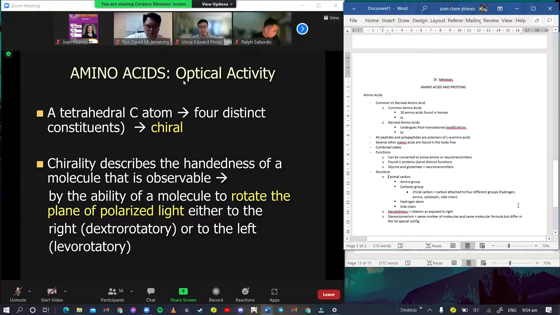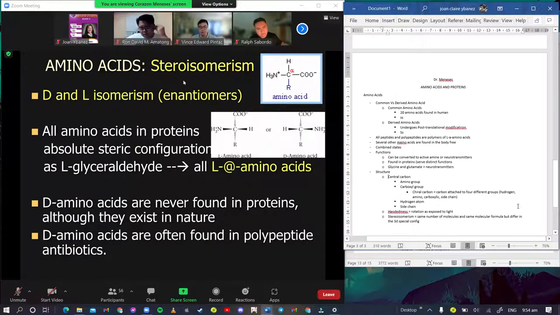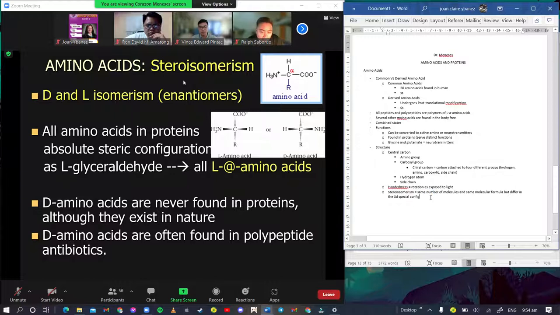Then the D and L isomers: all amino acids in protein have an absolute steric configuration, which is the L-alpha amino acid. So all amino acids in mammalian protein exist as L-alpha amino acids. However, there are D amino acids that are actually found in nature, and this is exemplified by the amino acids that may be found in your polypeptide antibiotics.